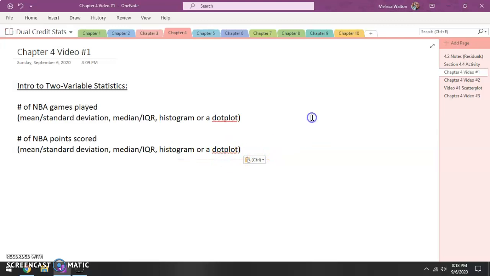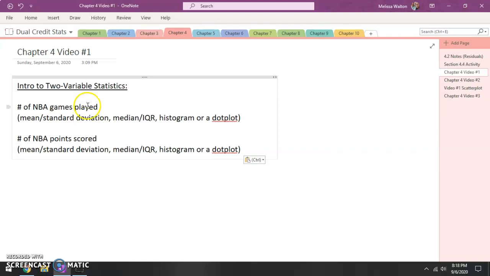Now, let's say I would like to investigate how are those two related. Obviously, as the number of games go up, the number of points scored should also go up. But do we have anybody that's especially good at these two things? Is there a relationship between these two values? How strong of a relationship is this?